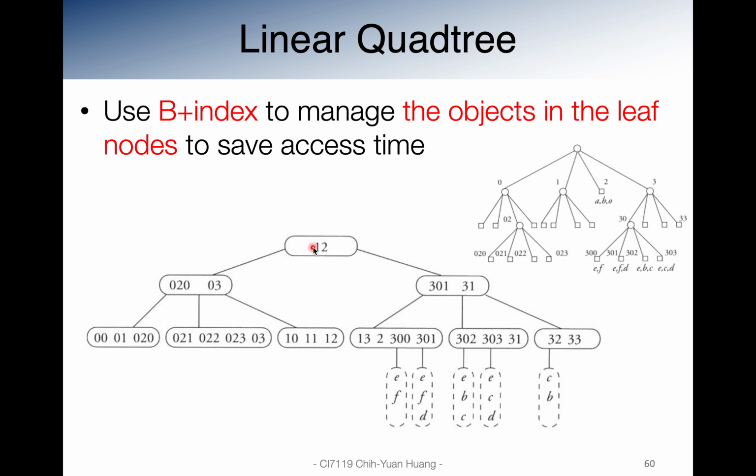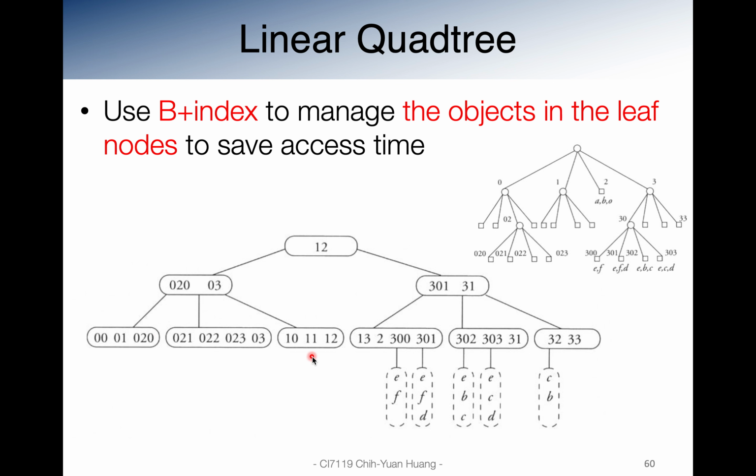If the query or the data is before 1, 2, then it will be sent to this node, and this node will determine where the data or query should be sent. By using the index over here, for example, 0, 2, 0 matches with 0, 2, 0, and 0, 3 matches with 0, 3 over here. So this node knows how to identify where the query or the data should go.